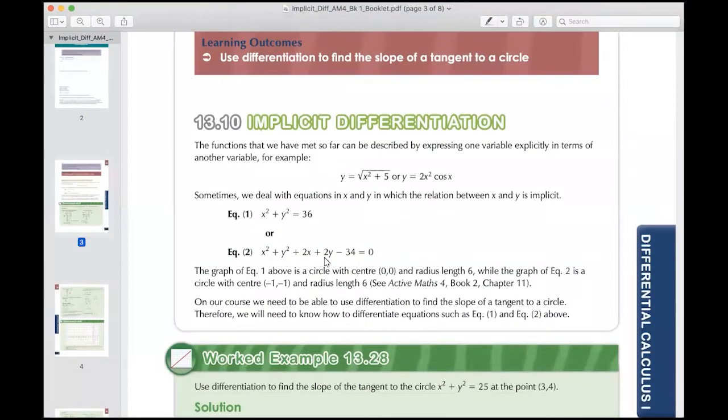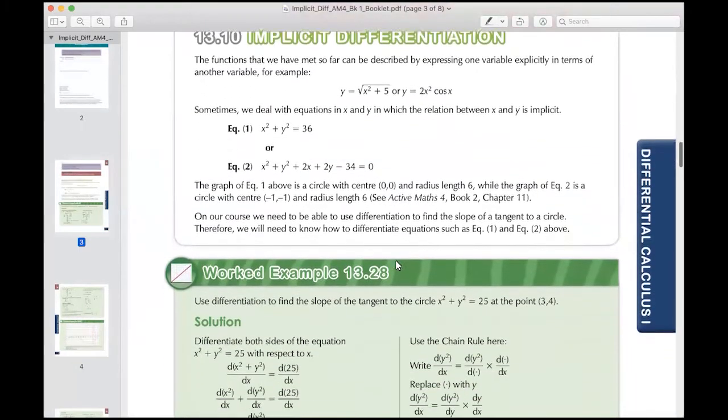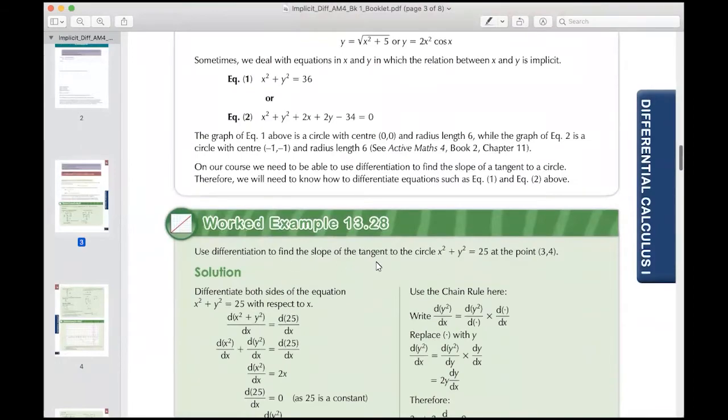Or if you've lots of y terms scattered throughout your equation, it can be harder to write it explicitly in terms of y and differentiate it. So sometimes there are big advantages to being able to differentiate something implicitly and work from there.